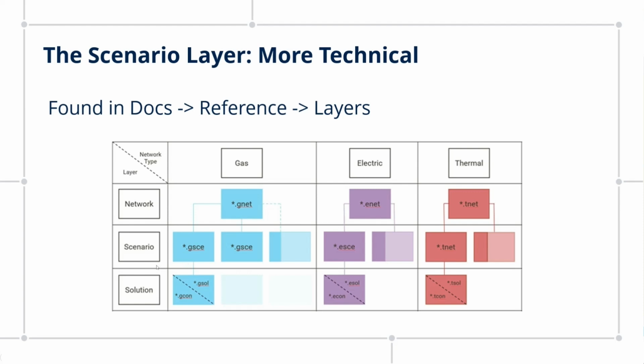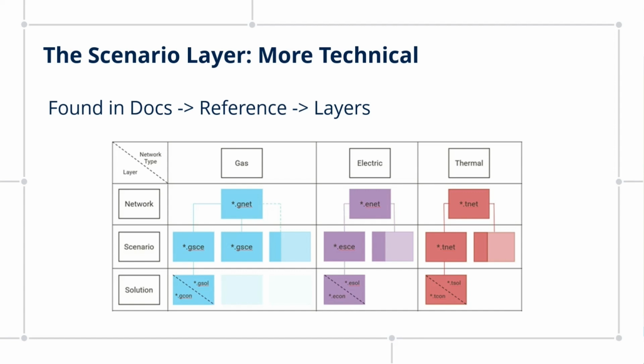Those can be stored in the GSCE, ESCE, and TSCE files. The results of these scenarios are stored on the solution level. So you can see that there are gas solutions, electric solutions, and thermal solutions. These solution files are a database of results that are written and queried while using Saint.